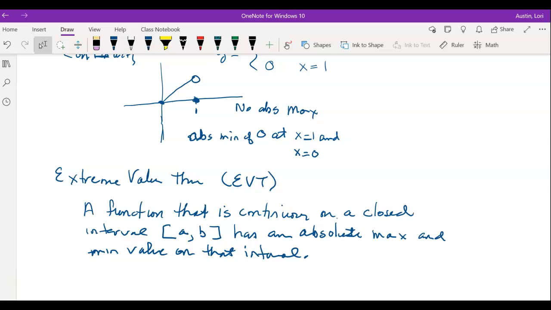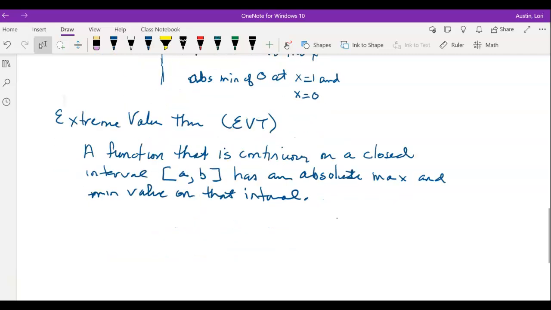Okay. So as long as these things occur, you're always guaranteed an absolute max and an absolute min. Because at the worst case scenario, you've got your endpoints because it's a closed interval. Okay, you can use those. Now, I will say, if it's not closed, you could have absolute max or mins. All right. You could. So if you had an open interval, you could. It depends on the function.